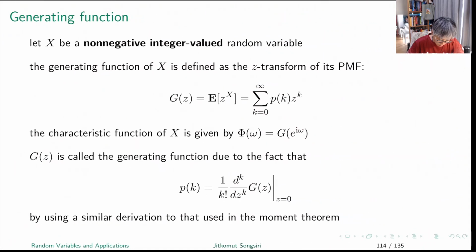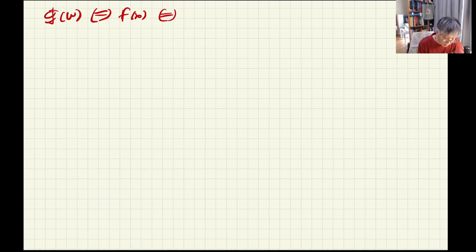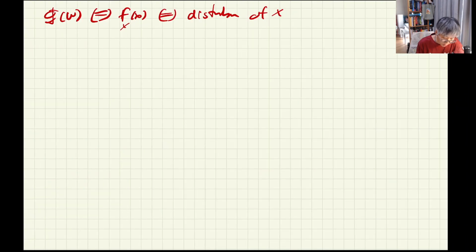Now I'm going to explain how to apply the concept of characteristic function. As I said earlier, the characteristic function forms a unique pair with the PDF, and that gives you a unique pair with the distribution function of X. We can extend the concept of characteristic function to two variables, as well as a function of several variables.